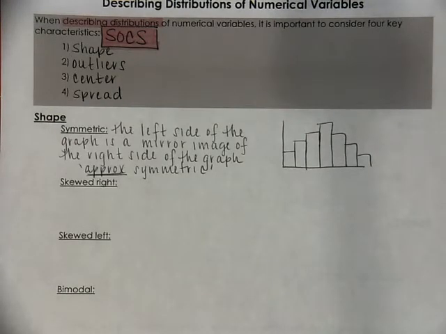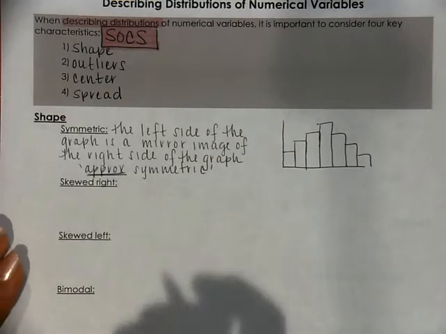Skewed right. Skewed right is when the right side of the graph is more spread out than the left side of the graph.